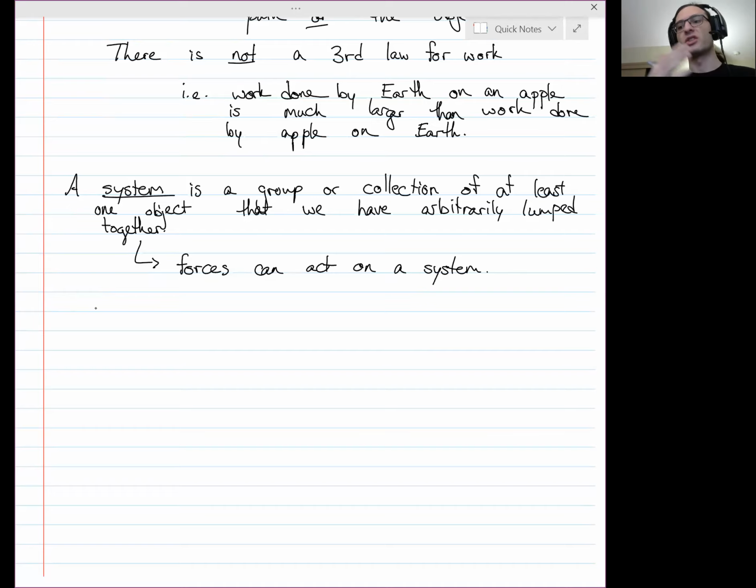So there's some force causing it to do so, but that is a force internal to the system. And in particular, you'll note that forces internal to the system don't really affect the location of the system, or the velocity of the system for that matter. And we'll get into why that's the case later.